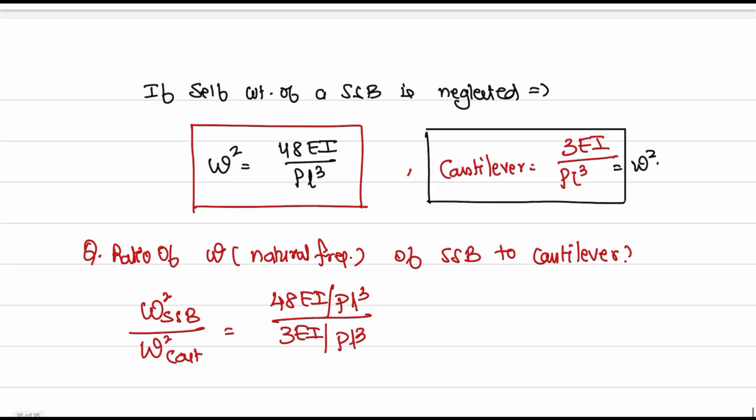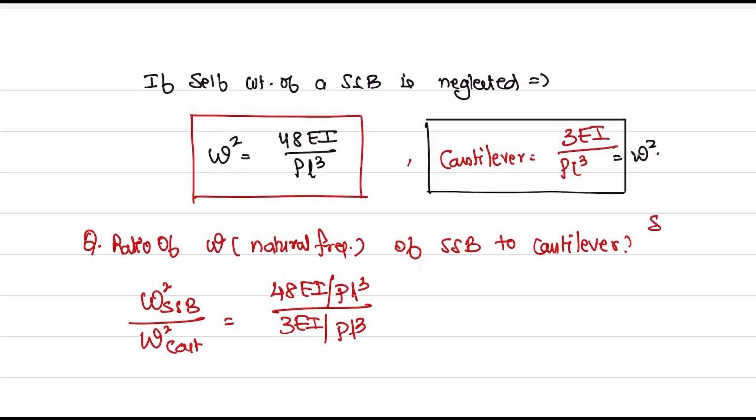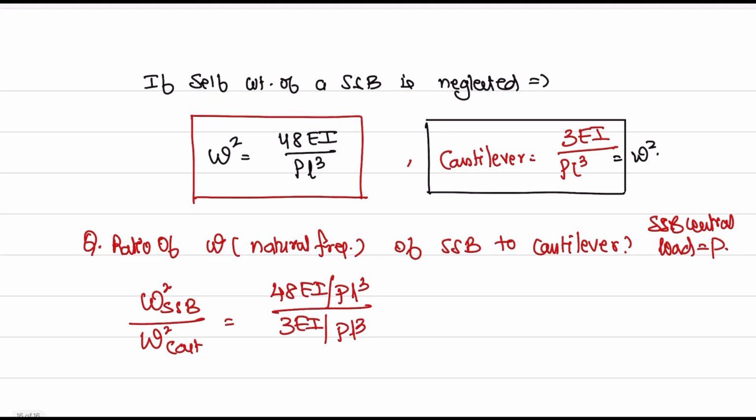If SSB is loaded with central load equal to P, then this will be 16. That means omega SSB by omega cantilever is equal to 4. This is the answer.